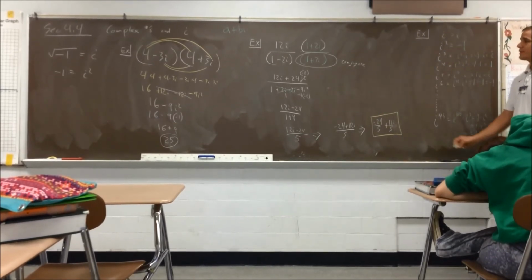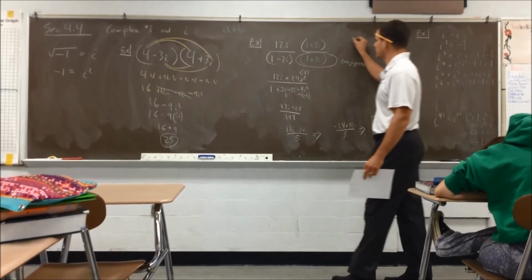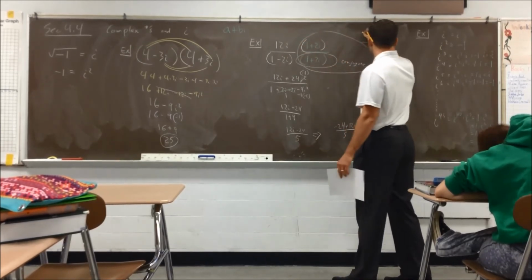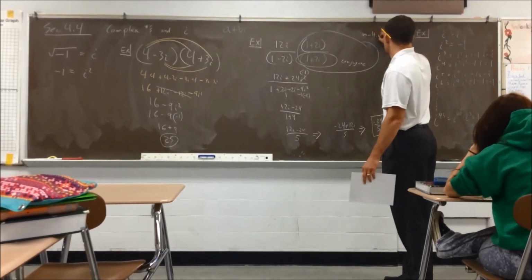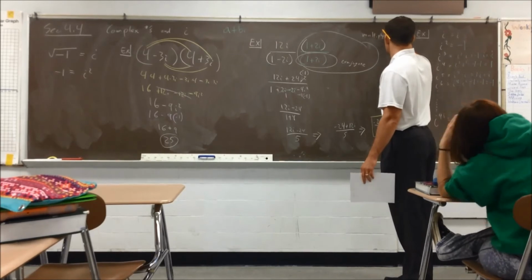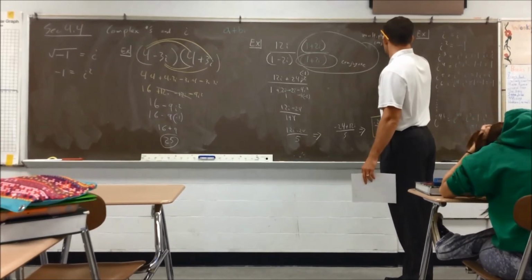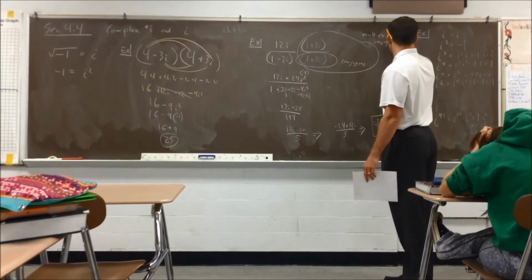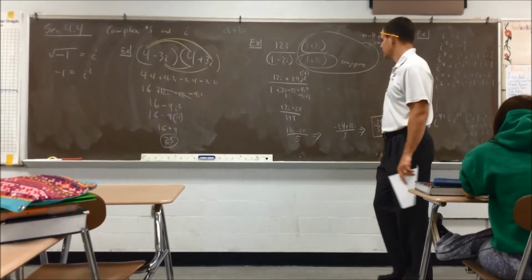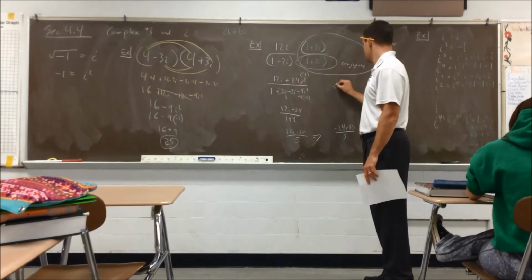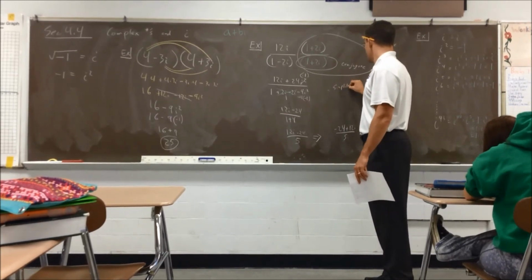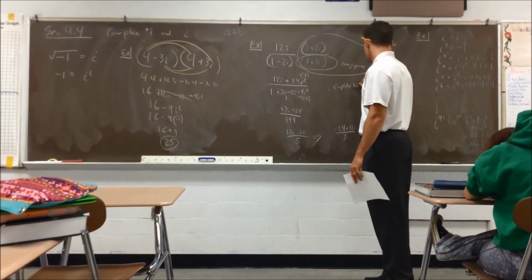So the steps here are basically the following. Multiply by conjugate. Simplify numerator and denominator.